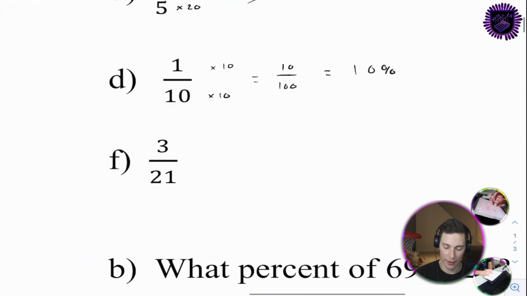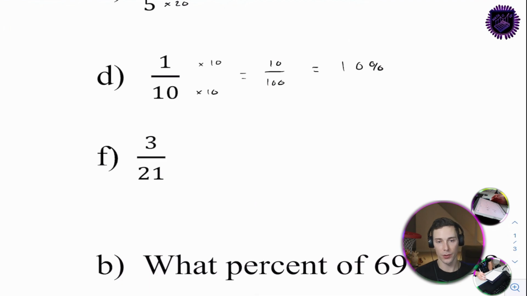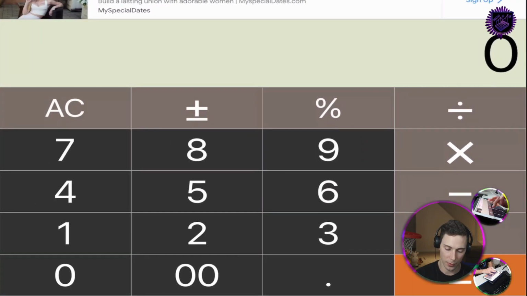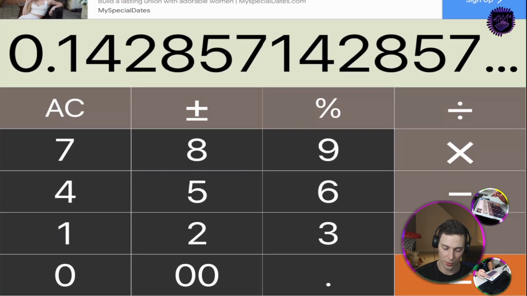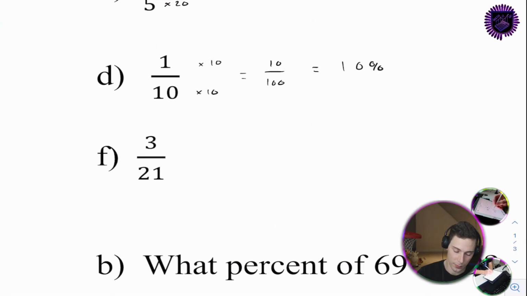Question 1F, 3 over 21. Now, 3 over 21 is kind of the first one we need to do some math with. So we'll go to 3 divided by 21, which is equal to 0.142.